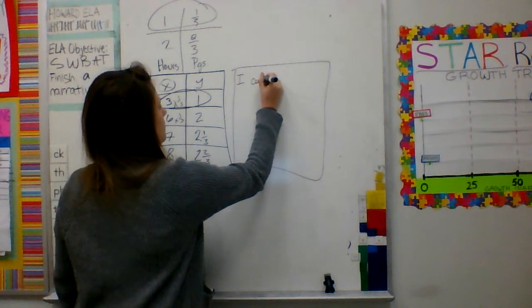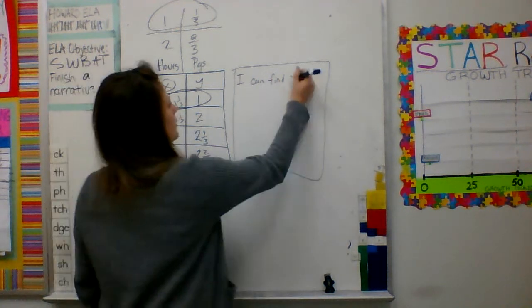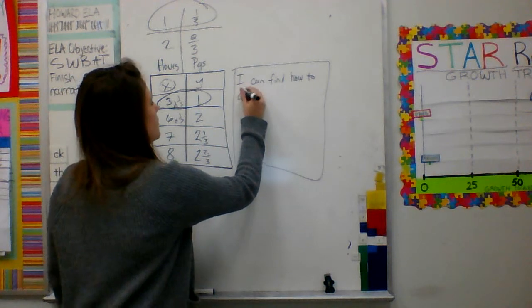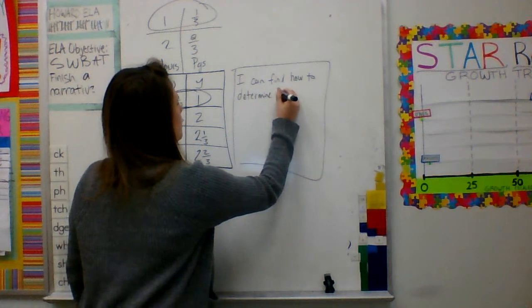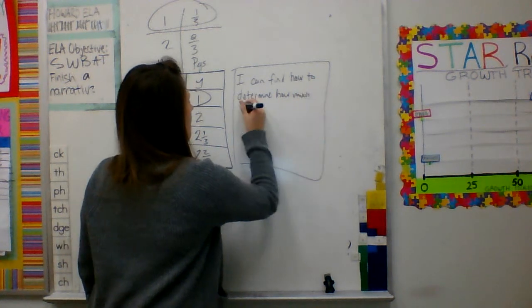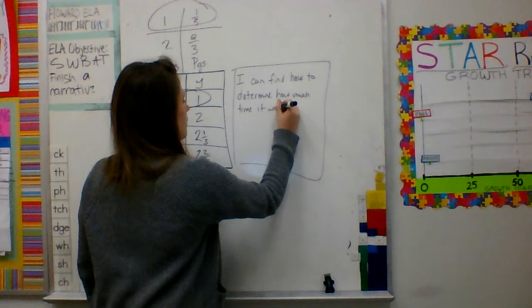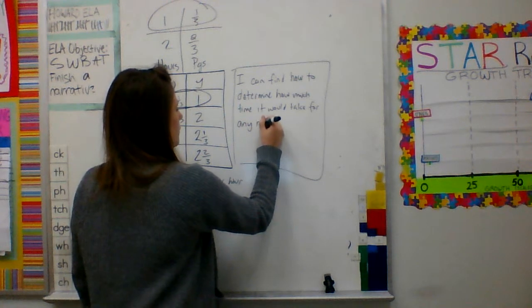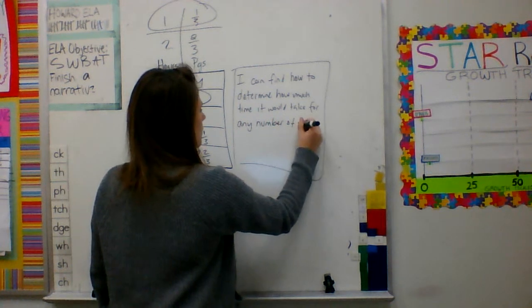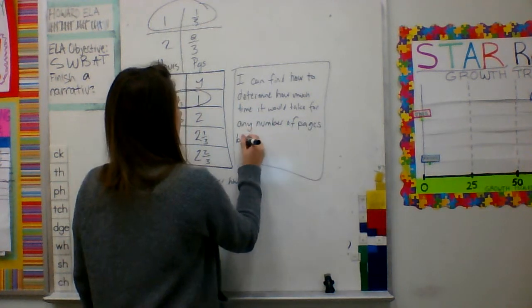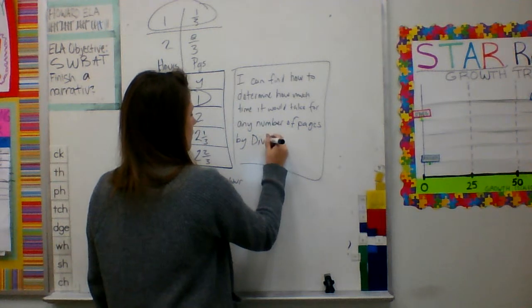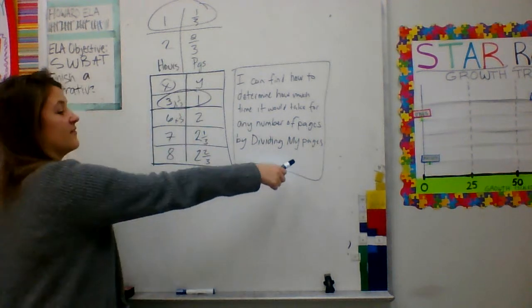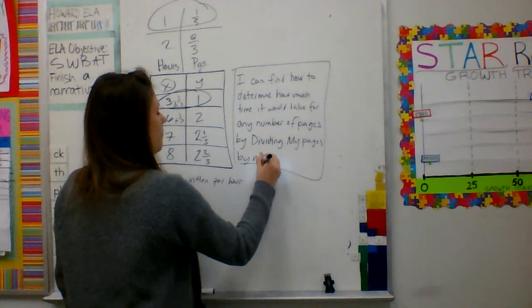We're just going to restate it: I can determine how much time it would take for any number of pages by dividing my pages, and this order is specific, by dividing my pages by my hours.